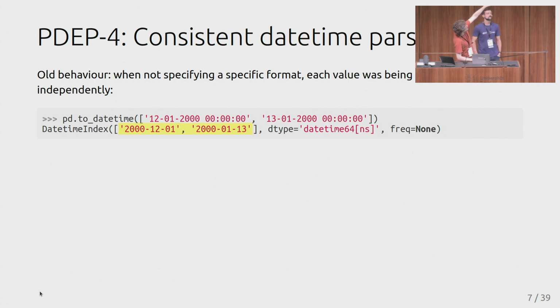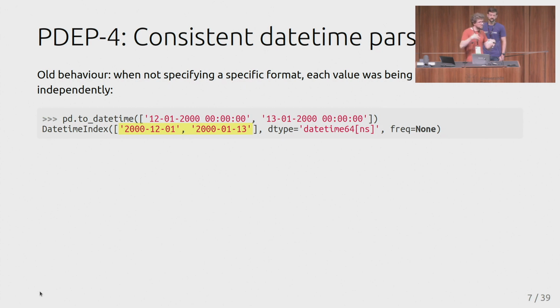And so we made a small example here where the first string, it will try to parse it and see, oh, the first thing that I encounter is the month. But then the second string has 13, and it can't take that as a month. So there it will say, oh, the first thing is a day now.